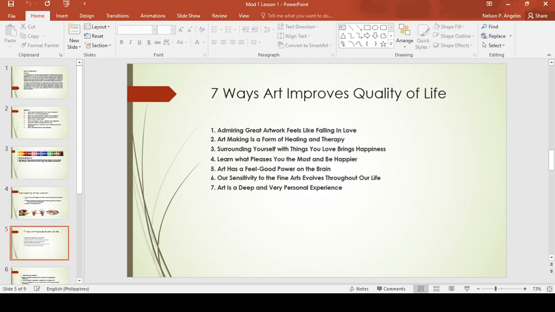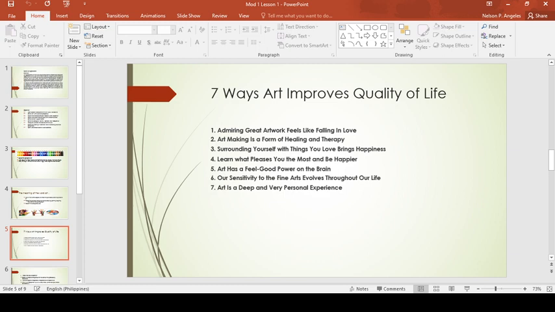Now, they use it in healing a person who is mentally ill, depressed. So, music can heal. So, drawing, painting, photography, this can heal mental illnesses.